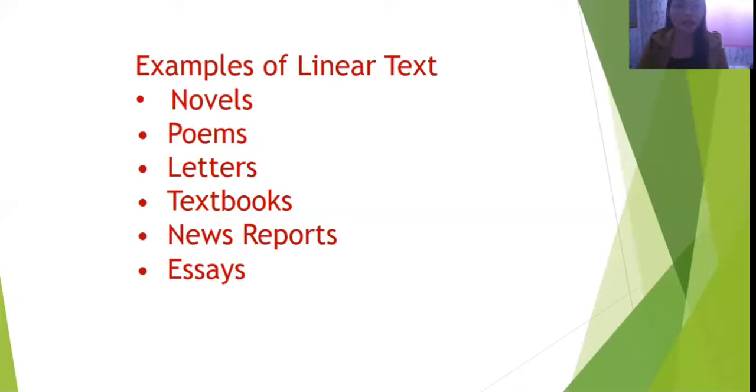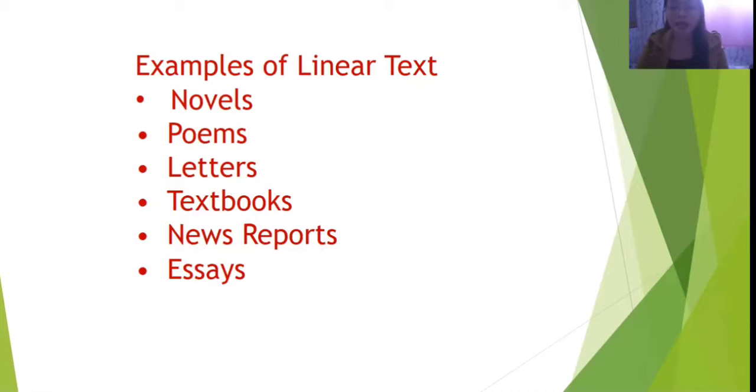Examples of linear texts are novels, poems, letters, textbooks, news reports, and essays. All the texts that we read from beginning to end are linear texts. Linear text is the most common type of reading, and it is a traditional method of reading.